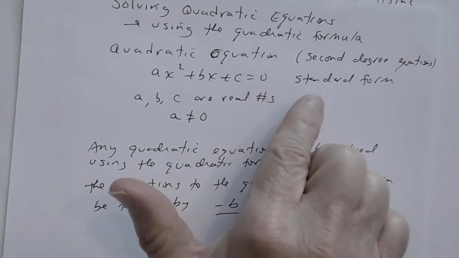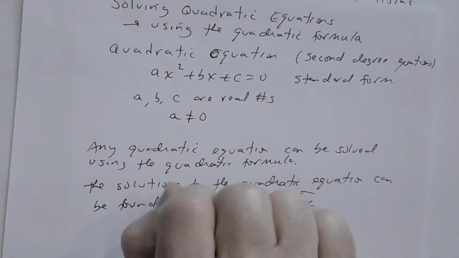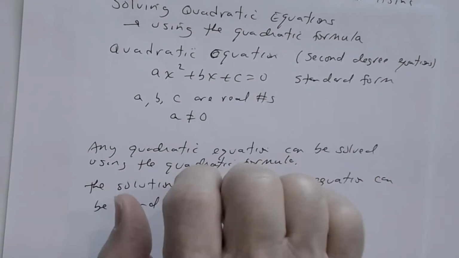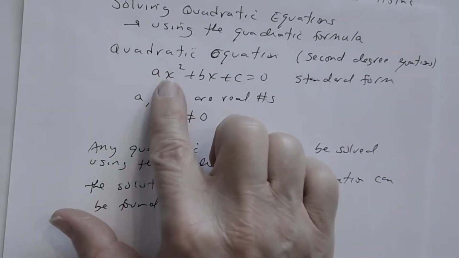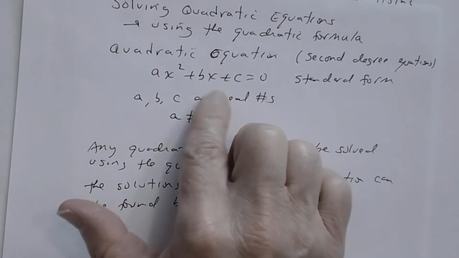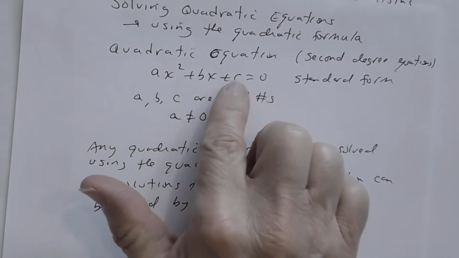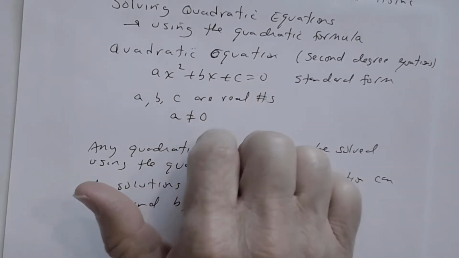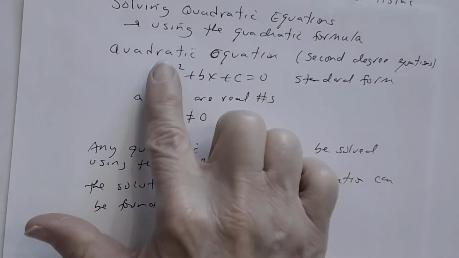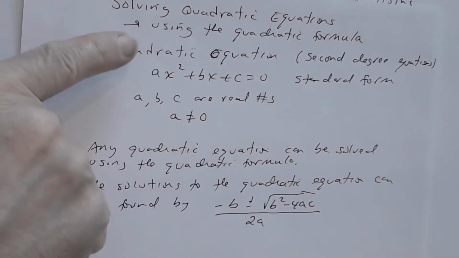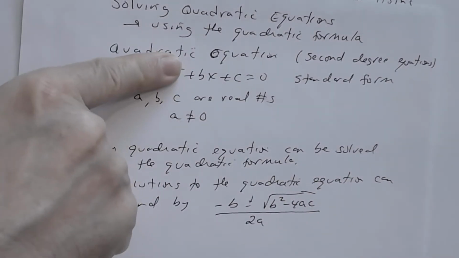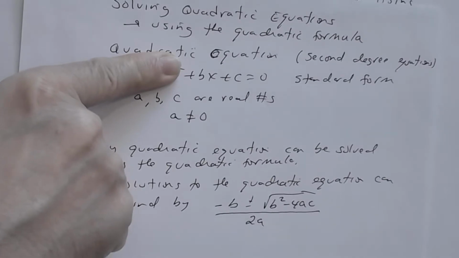We said that was in standard form, so you have all the terms on one side, 0 on the other. And remember, a, b, and c can be any real number, even the constant term, as long as a is not 0. Because if a is 0, you would no longer have a quadratic equation, you would have linear.